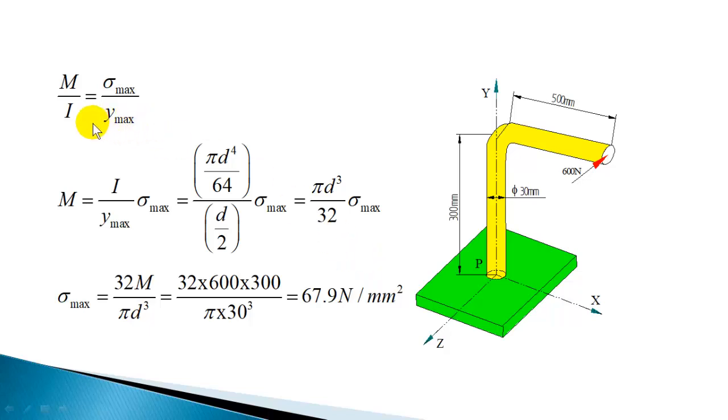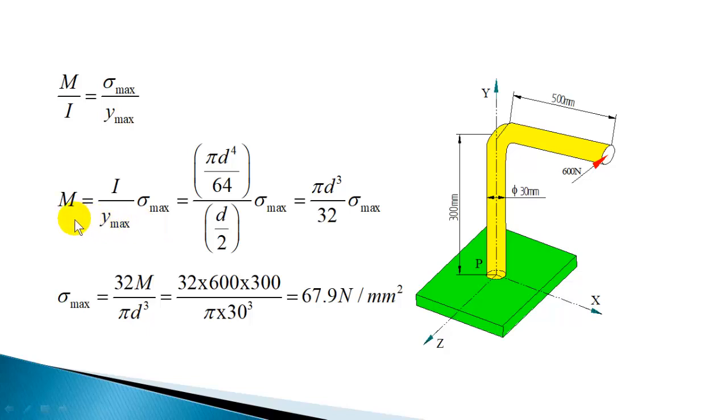Now to find out the normal stress or bending stress induced as a result of this force, you can use the bending equation M by I is equal to sigma max by Y max, or M is equal to I by Y max into sigma max. I, the moment of inertia of this circular cross section, is pi d to the power of 4 by 64, divided by the maximum distance from the center to the outermost fiber, which is d by 2. So you get pi d cube by 32 into sigma max.